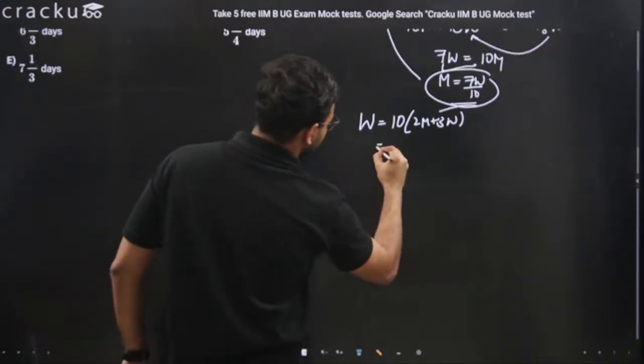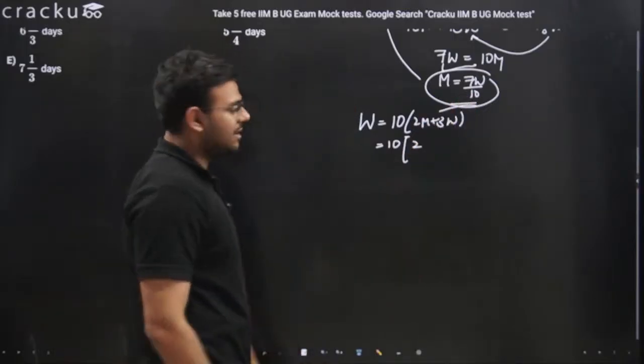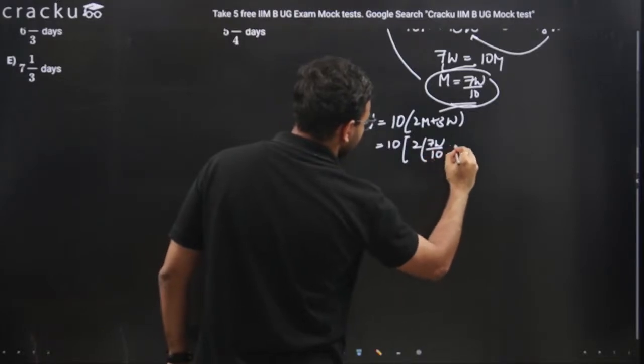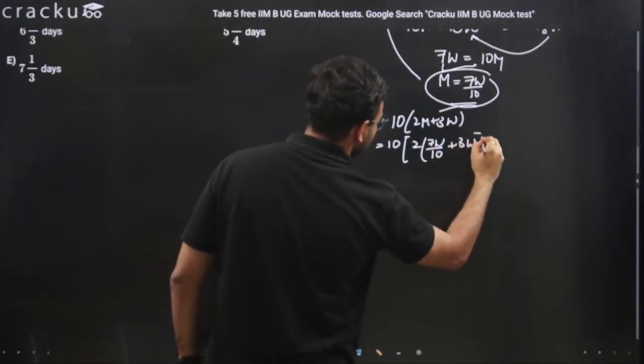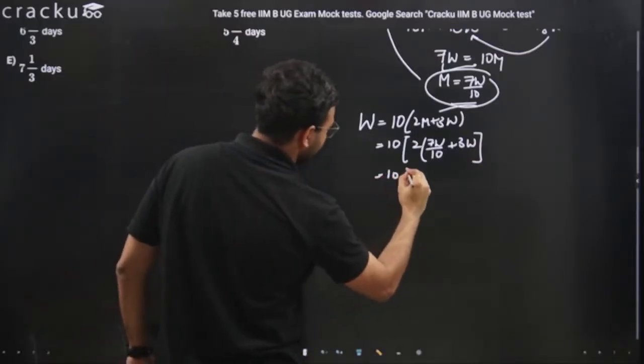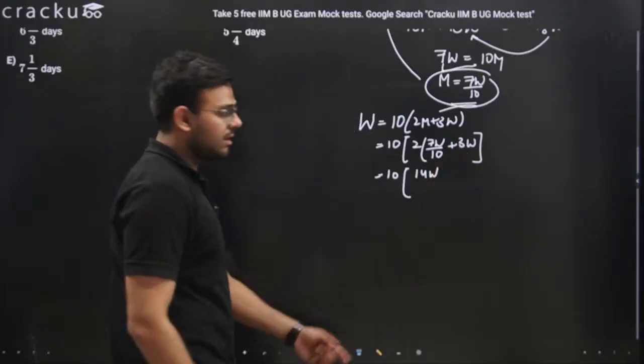So w is equal to 10 into 2 times, what is m? m is 7w by 10, so 2 into 7w by 10 plus 3w. So this 2 into 7w is 14w, plus this 3w will be 30w.